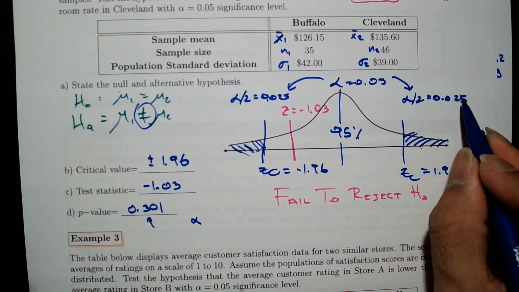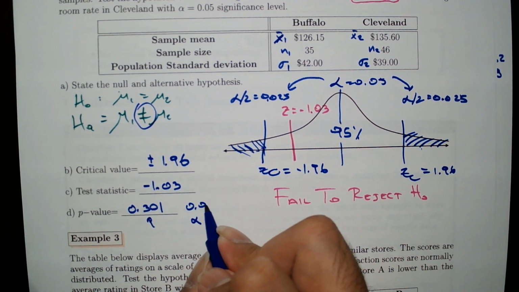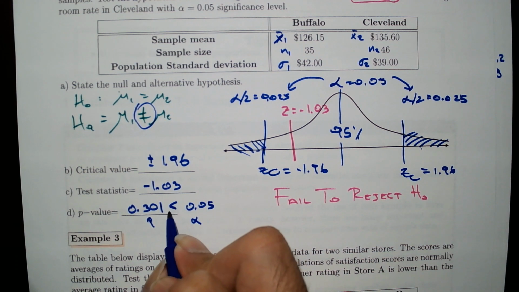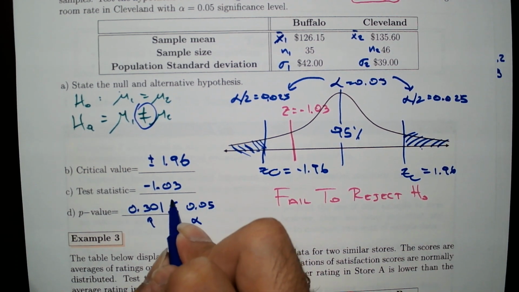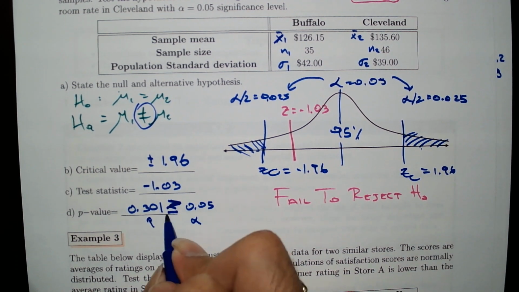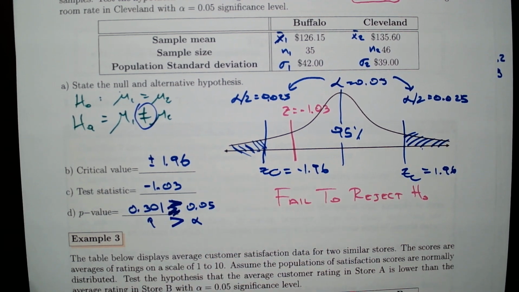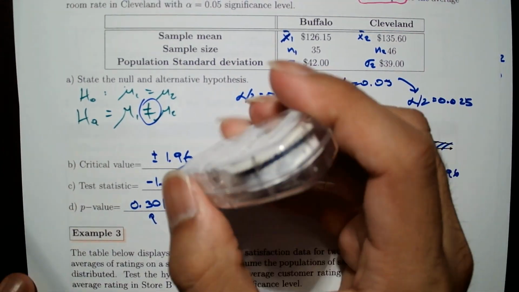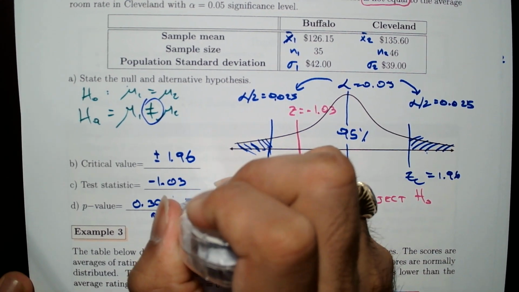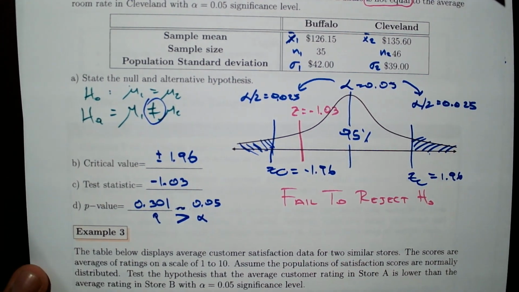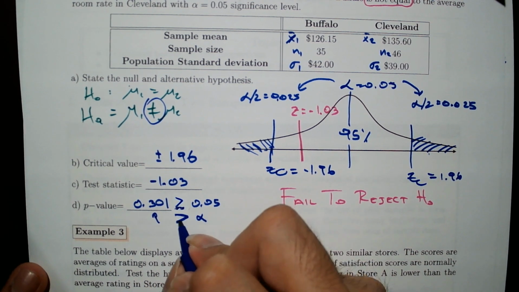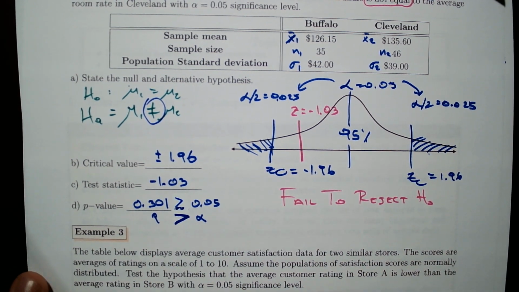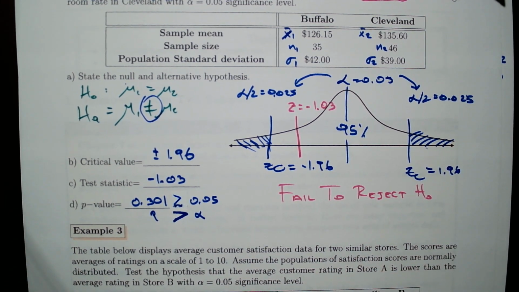Alpha equals 0.05, and clearly the p-value is greater than alpha. Let me clean this up. So that's the other way to conclude that we fail to reject.